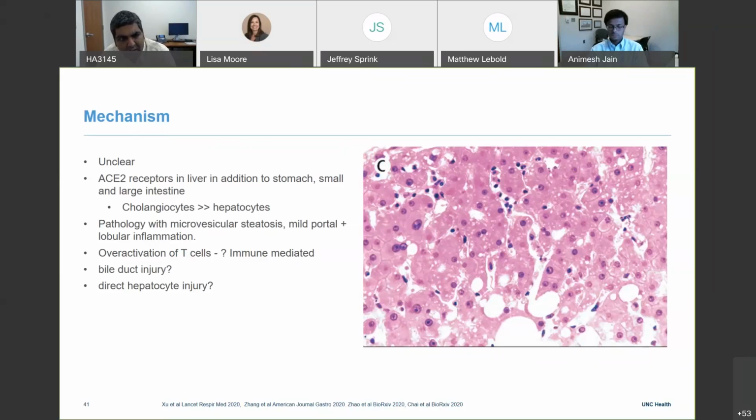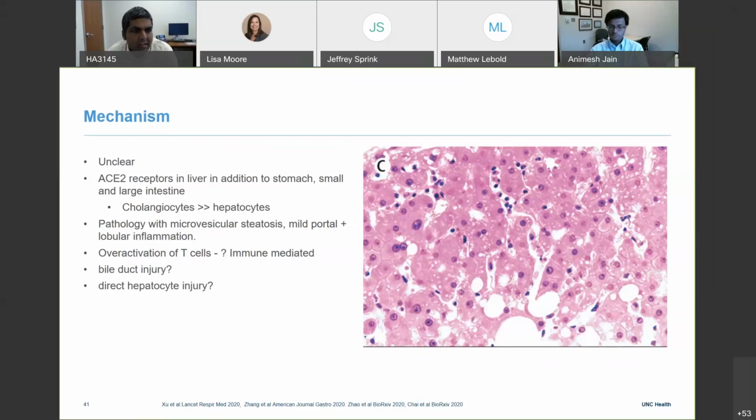If there's more of the ACE2 receptors in the bile ducts, is there more of a bile duct injury pattern? The other argument there is that you see more of a hepatocellular pattern with injury, not more so an elevated cholestatic process with this. So we're not exactly sure how it happens, but there's lots of theories about how it could.